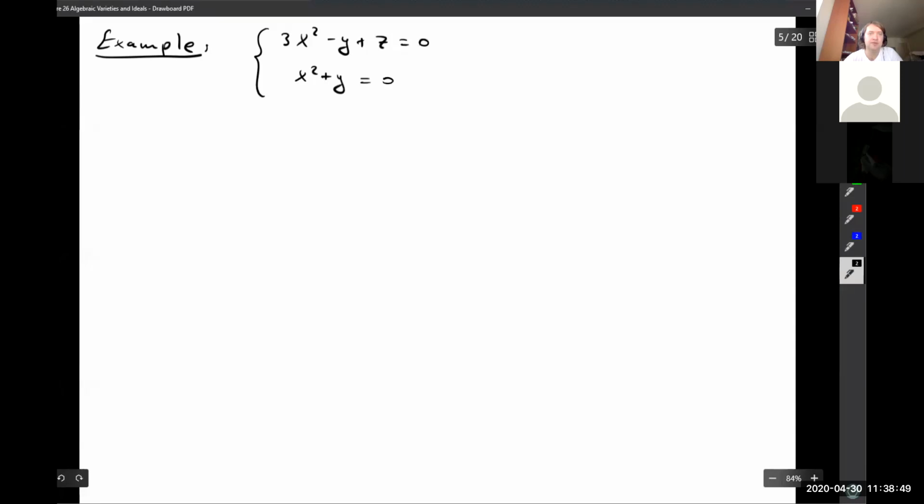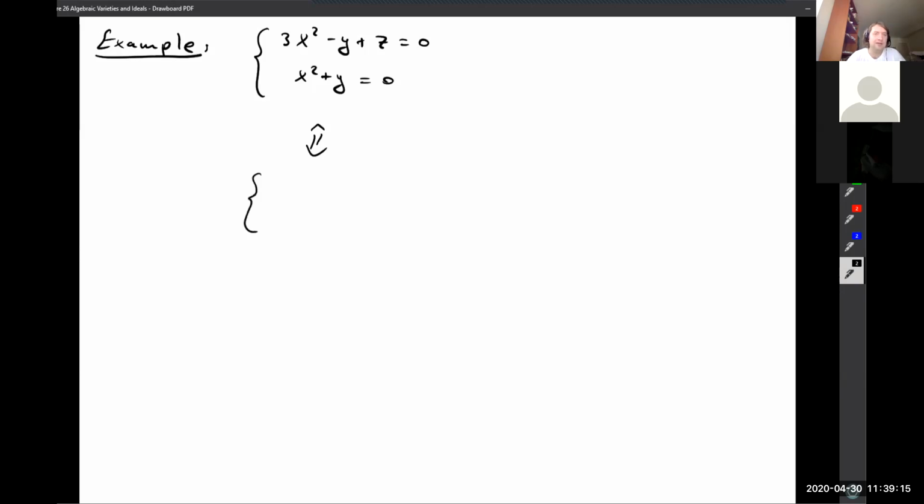So this is equivalent to the set of solutions to the following system. Then what you know is that if you add the second equation to the first one, the set of zeros will be the same.